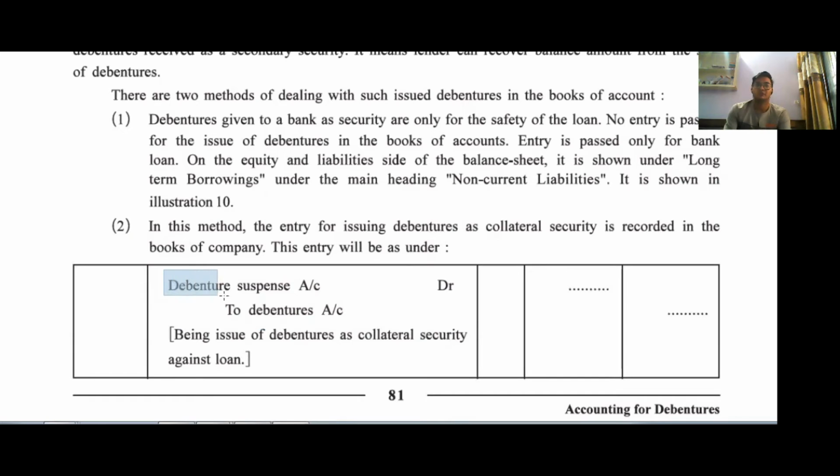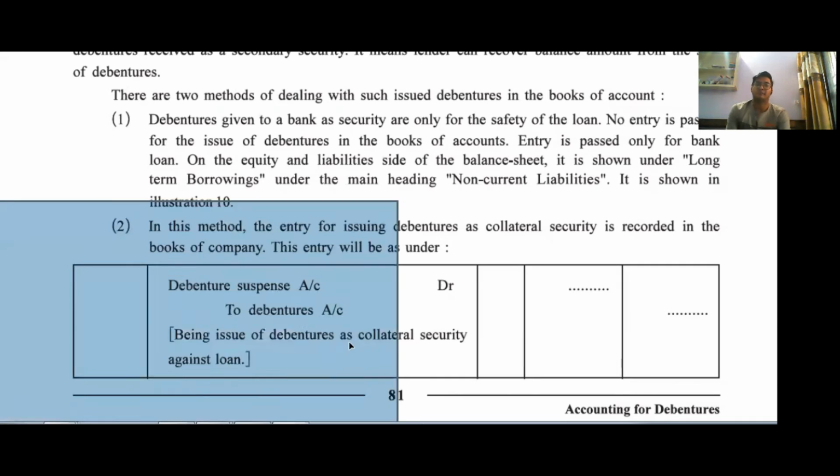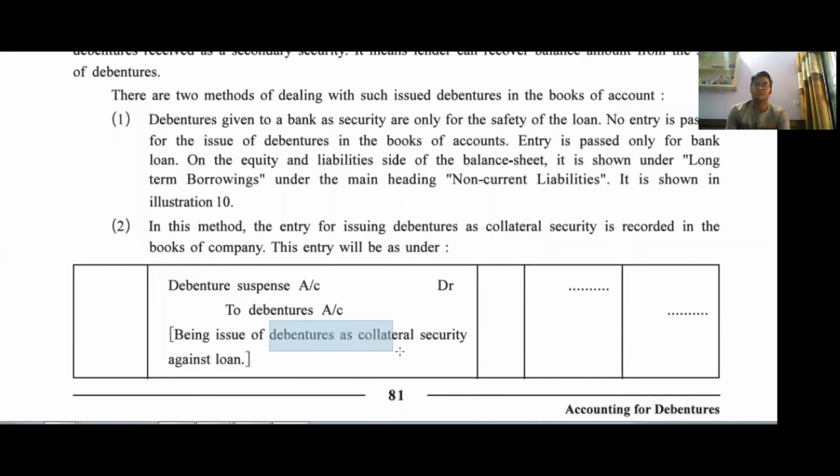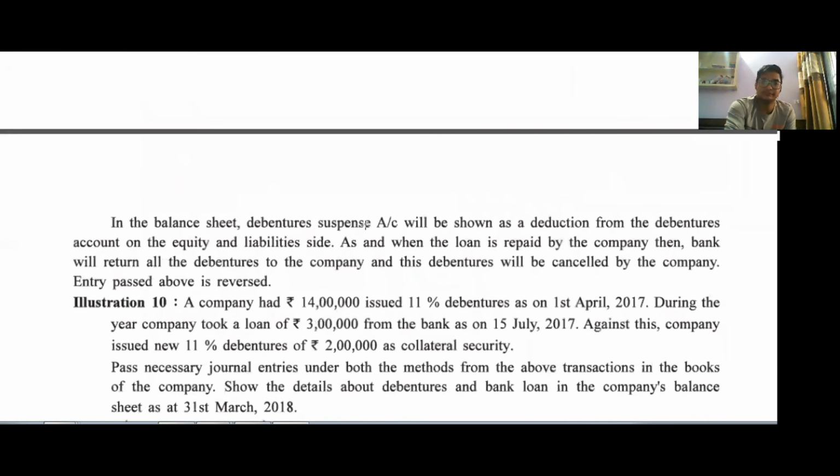So on the other side debentures are issued, so debenture account credit, but these debentures are not for us, they are for the bankers, and the real owner of the debentures is the company. So in the second part, debenture suspense account is debited. It means whenever the words debenture issued as collateral security appear in the second method, we pass the journal entry: debenture suspense account debit to debenture account. Got it?